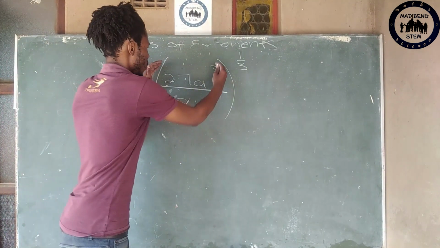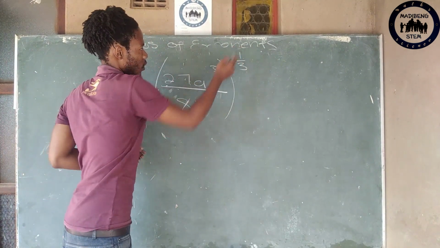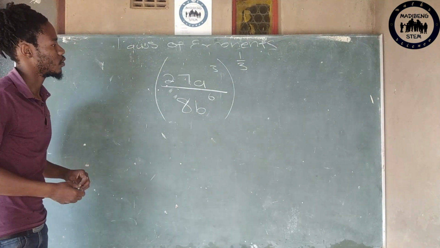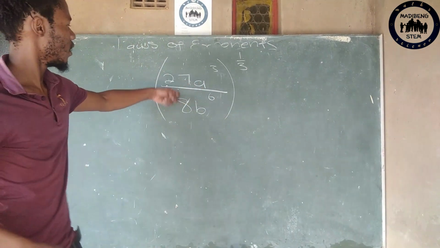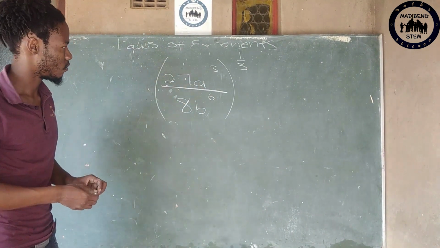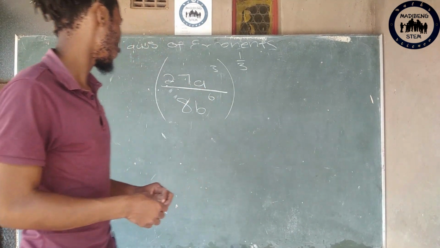We raise the whole term with this exponent. So how do you do this? You change this to exponential form first. That's what you should do.